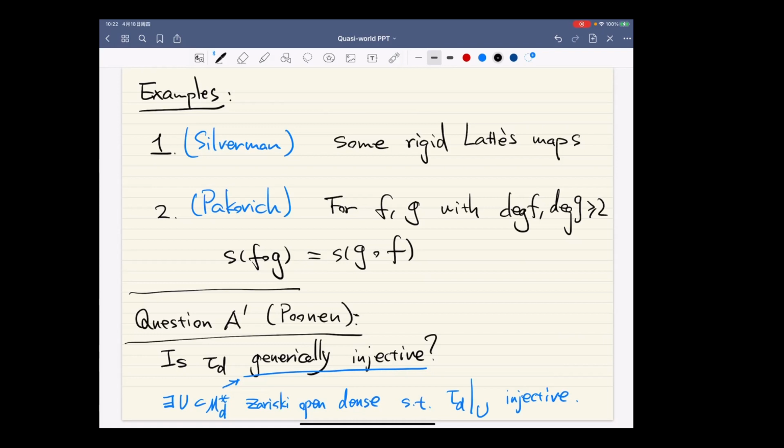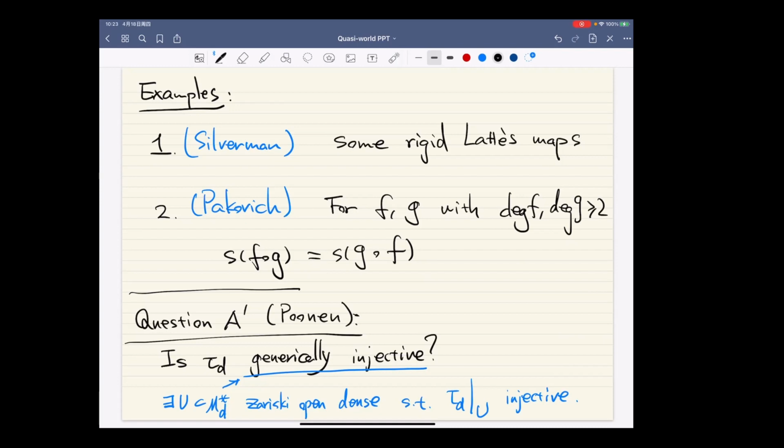Then it's easy to check that the multiplier spectra of f composed with g and g composed with f are the same, because here f and g are of degree at least 2. In general, f composed with g and g composed with f are not conjugate, so they are different points in moduli space.